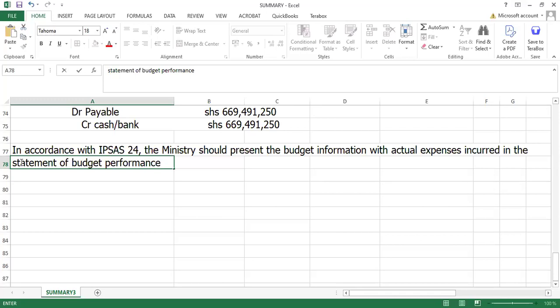Or it can be in the statement of appropriation for the year ended 30th June 2022, as indicated.